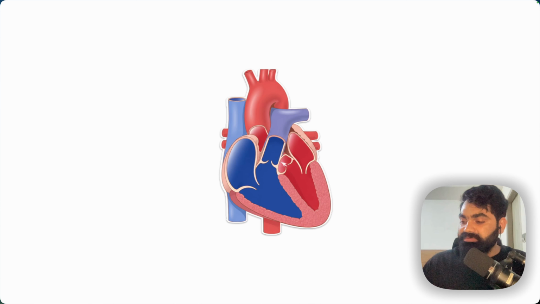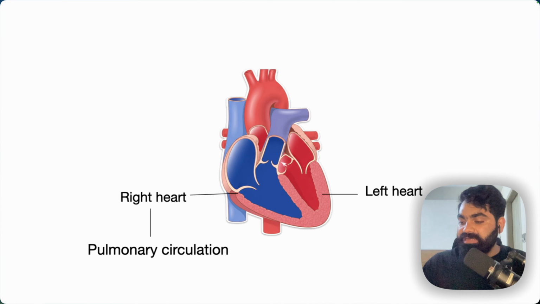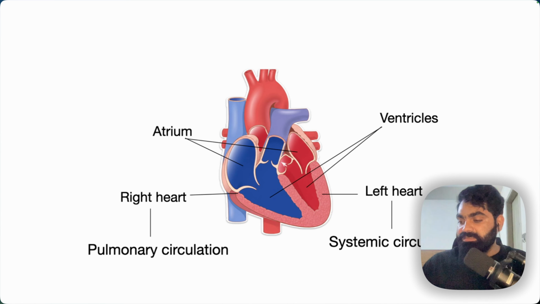So if we talk about basics, let's revise first. We have already seen in the last video that the heart is divided into right heart and left heart. The right heart deals with pulmonary circulation and the left heart deals with systemic circulation. Our heart has two atria and two ventricles.